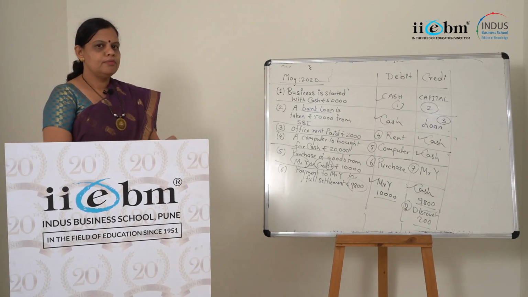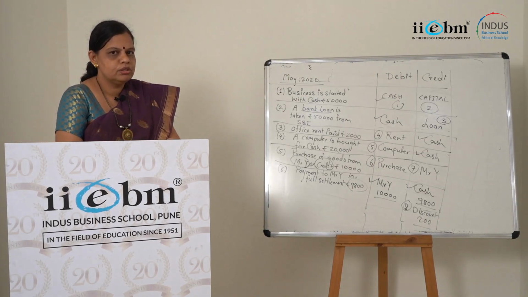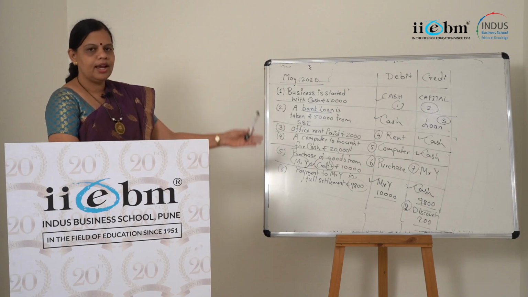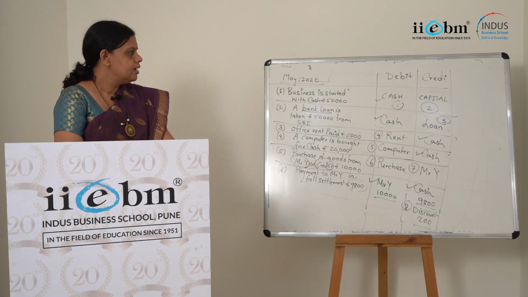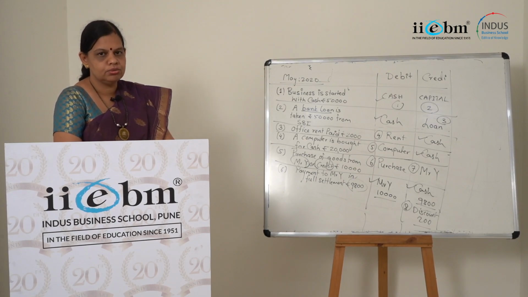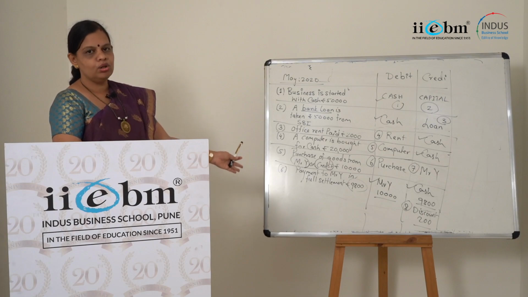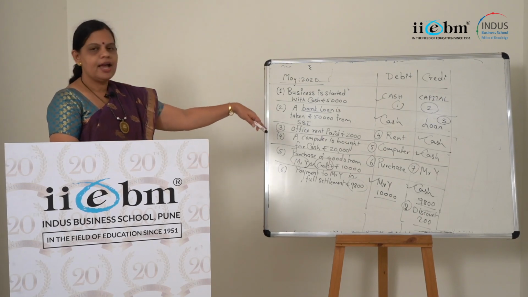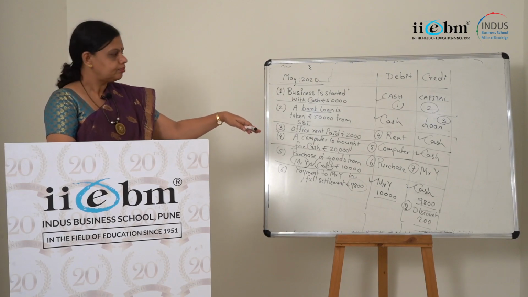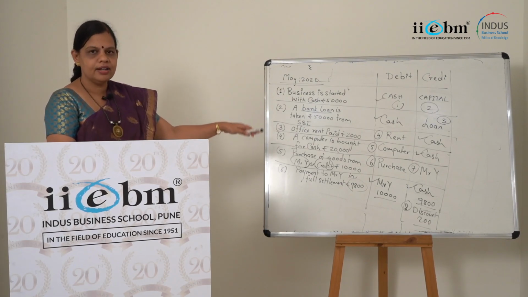You take your own time and let me know what your count is. It is the same thing, 8 different ledger accounts for 6 different transactions. Now why are there only 8 different ledger accounts? Because although there are 6 different transactions, cash is appearing again and again.